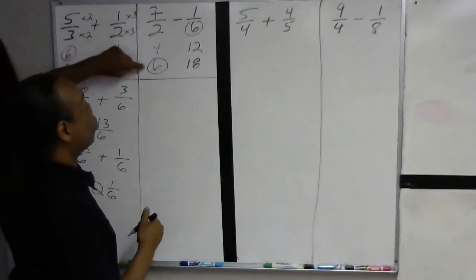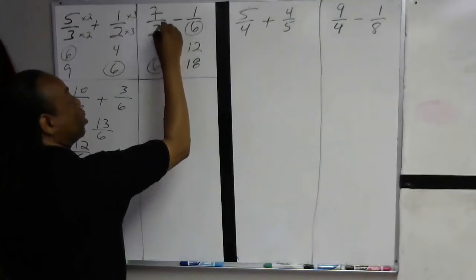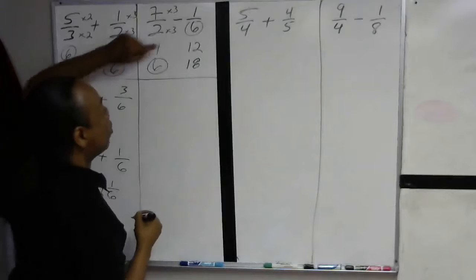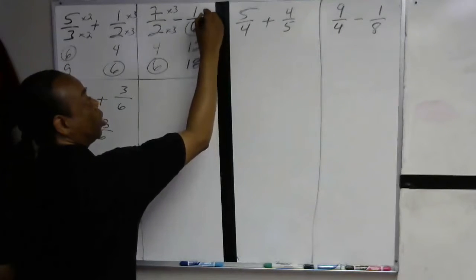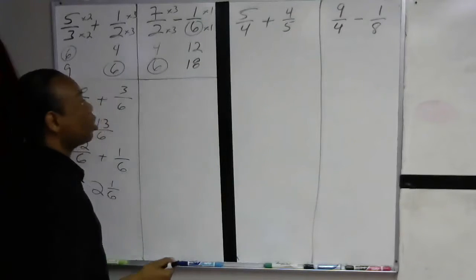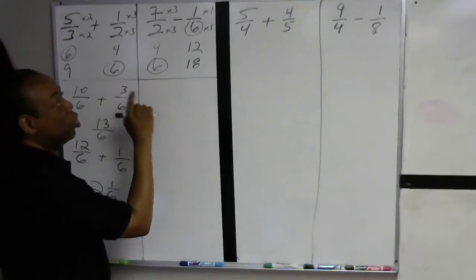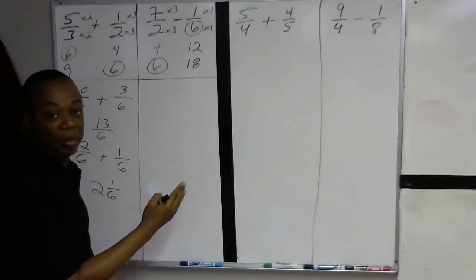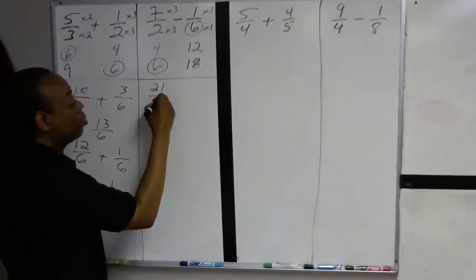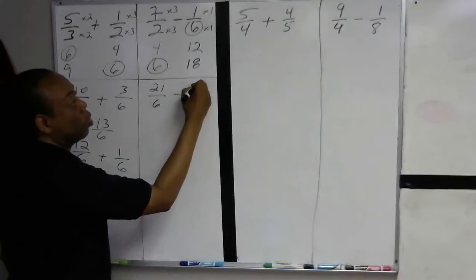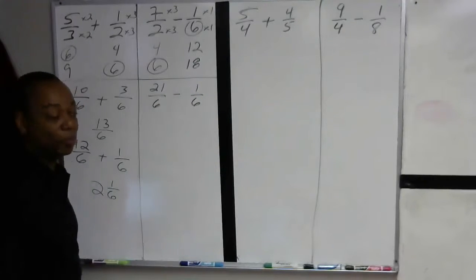And for this it's 1, 2, 3, so it's times 3, times 3. And this is just 1 times 6, times 1, times 1. So 7 times 3, 2 times 3, 1 times 1, and 6 times 1. The answers will be 21, 6, 1, and 6.